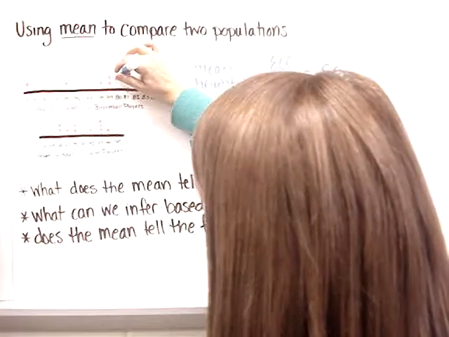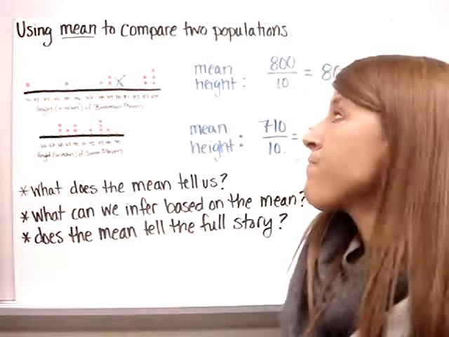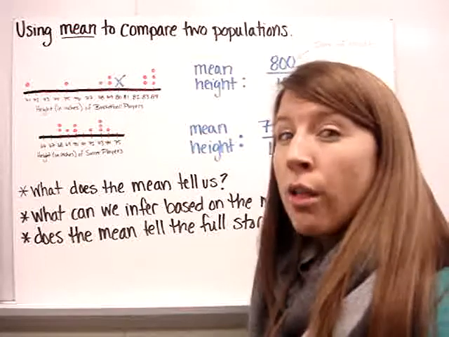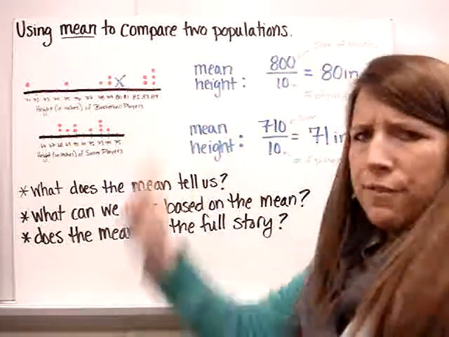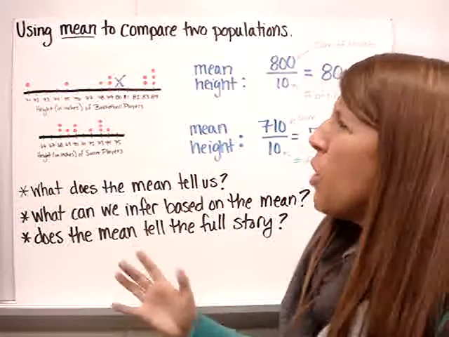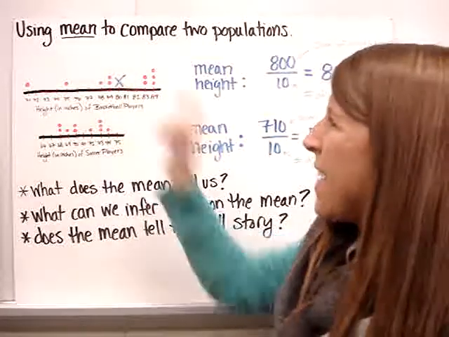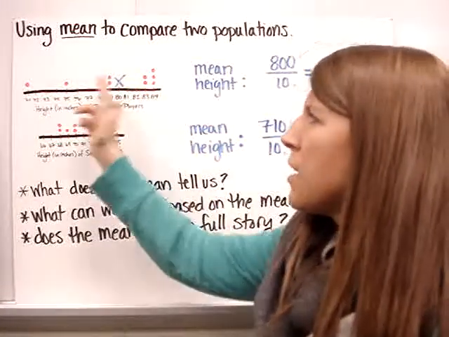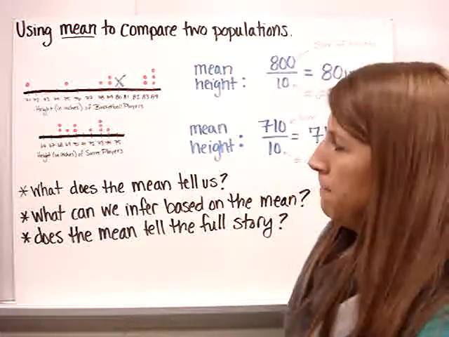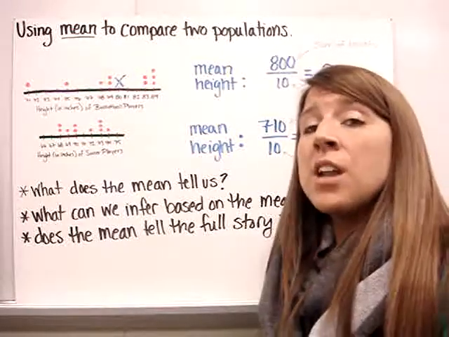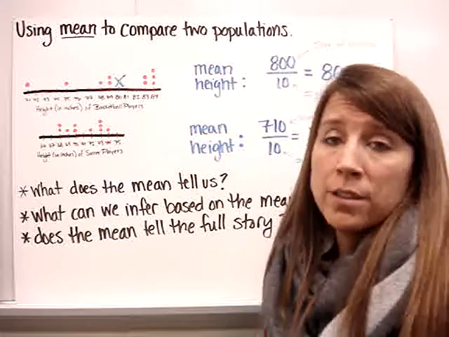And I'm going to note that right there. That is the average height of all basketball players out of those 10. Make note of how far away the average is from that tall cluster and from that shortest player. The same thing can be done to find the mean of the soccer players.